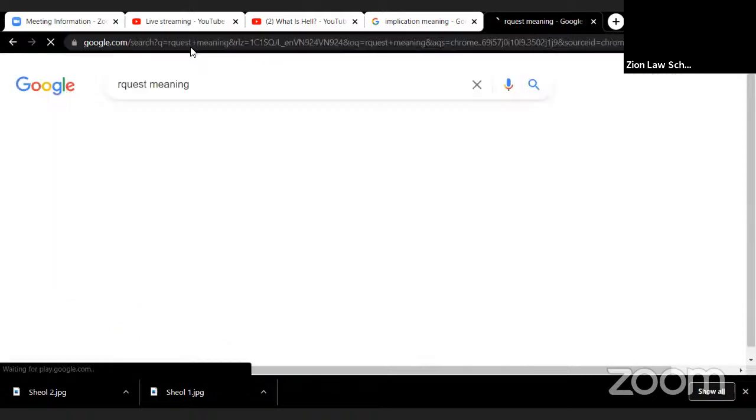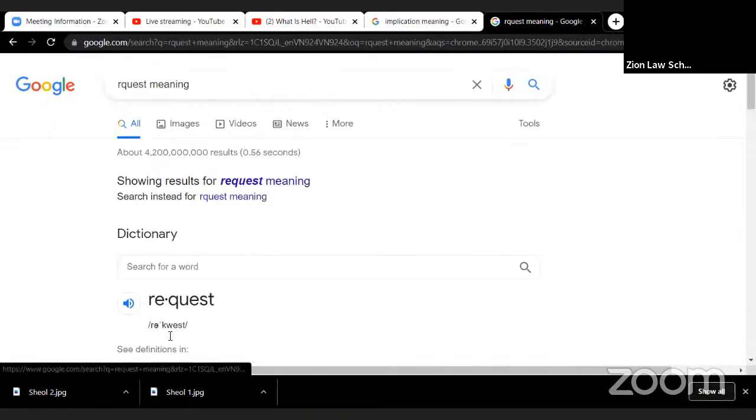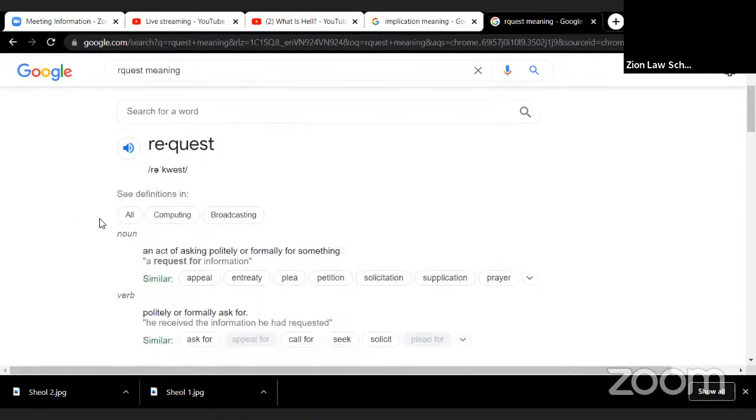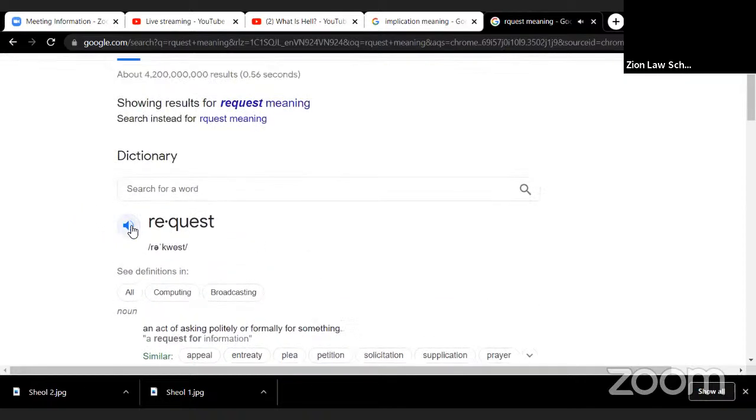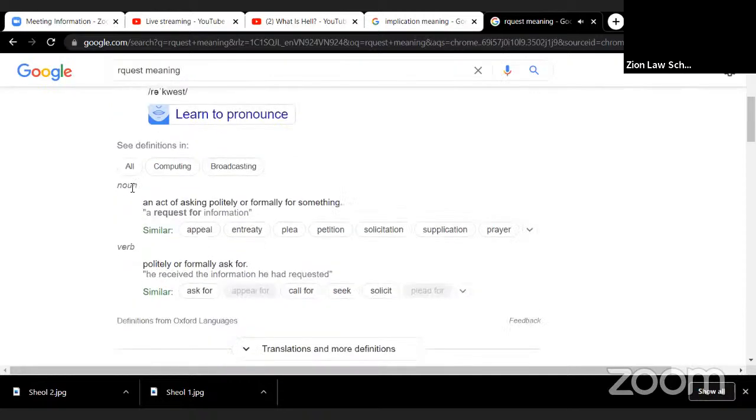So we're going to walk the audience through step by step on how to approach this. So this is request. To request, as a noun, means an act of asking politely or formally for something. As a verb, politely or formally ask for.